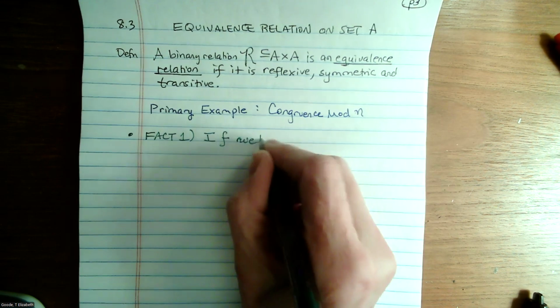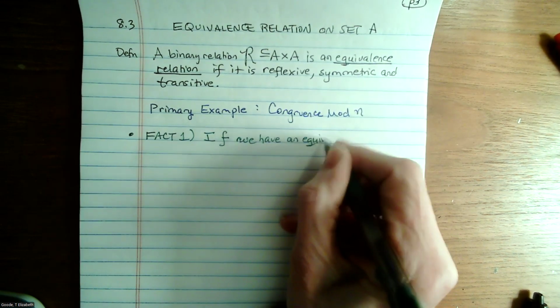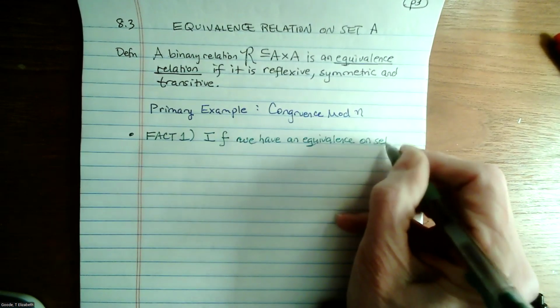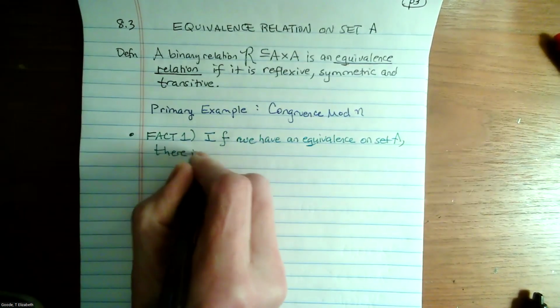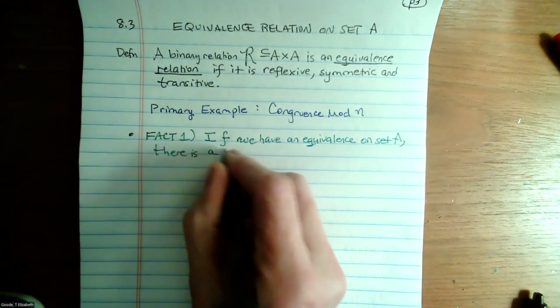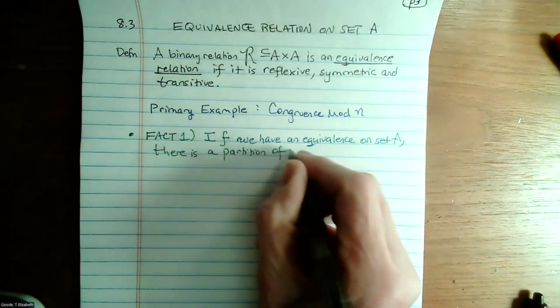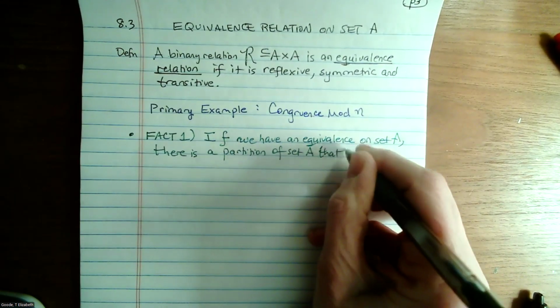If we have an equivalence relation on a set A, there is a partition of set A that R induces.